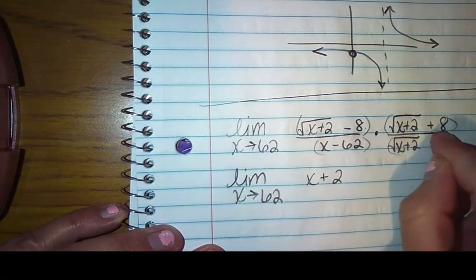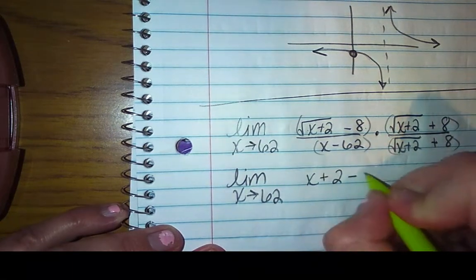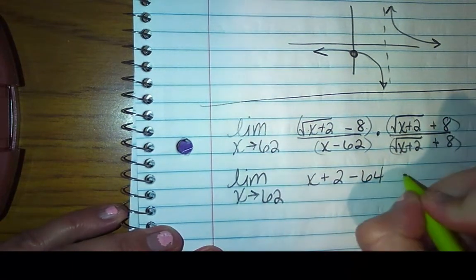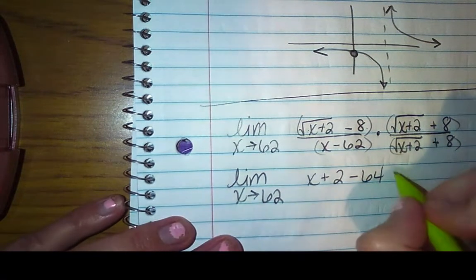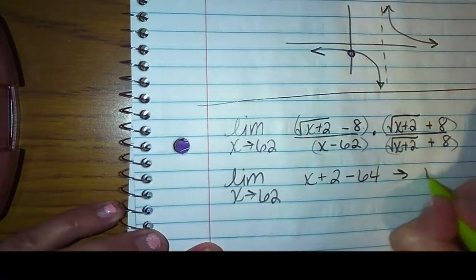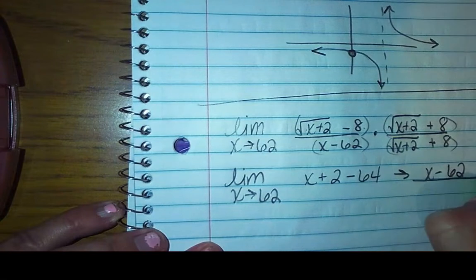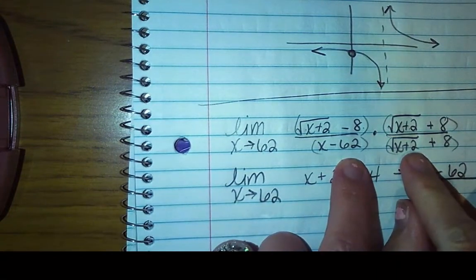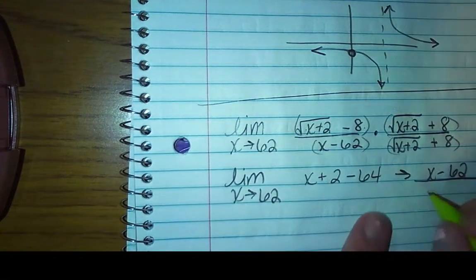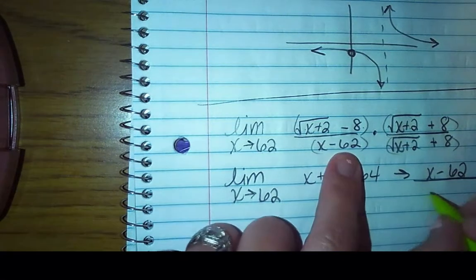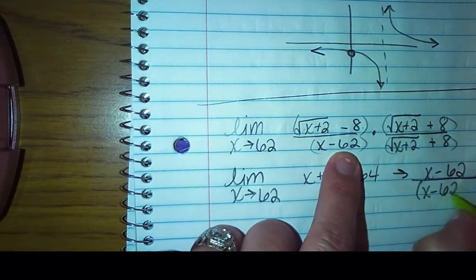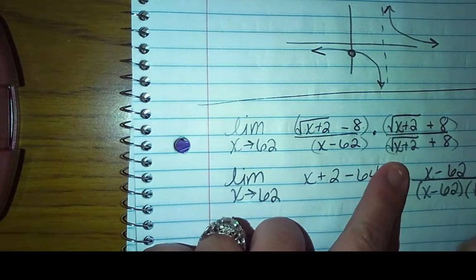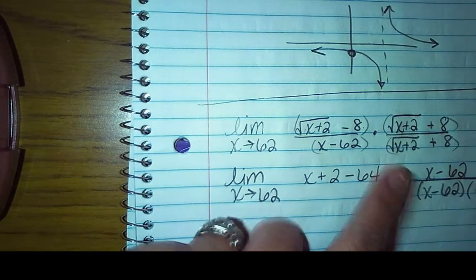And then I'm left with a negative 8 times a positive 8, which gives me a negative 64. So when I fix that, I end up with x minus 62 over, and I'm not going to FOIL this out because I'm trying to get something that's going to reduce out. So I'm going to leave this as an x minus 62 and a root x plus 2 plus 8.